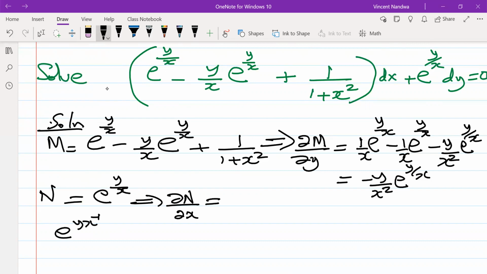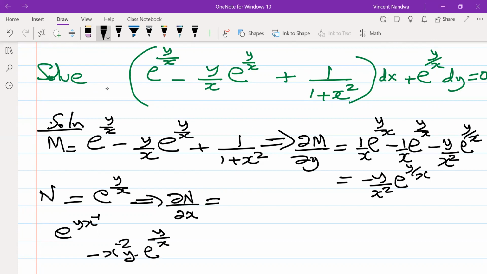When we differentiate this with respect to x, the power gives us a negative, and if you subtract 1 from the power, you get minus 2, times y, and then you multiply by e raised to the same power, y over x.